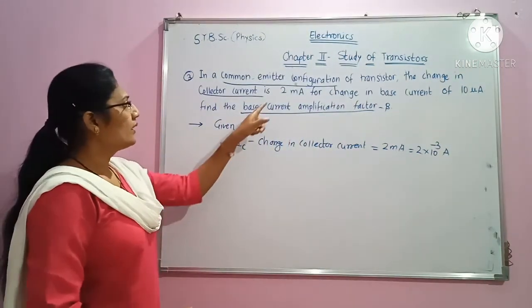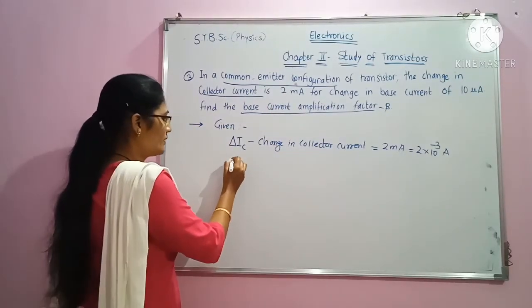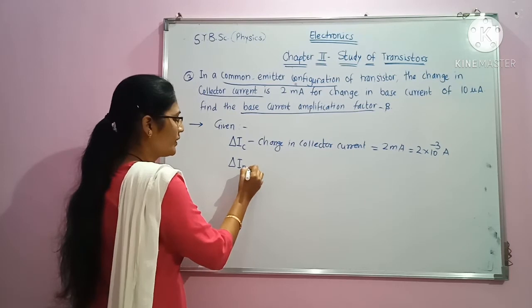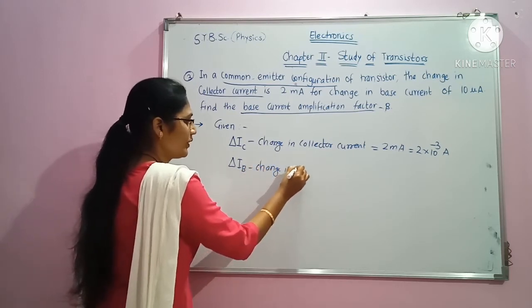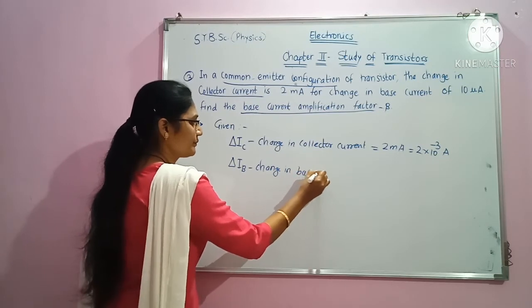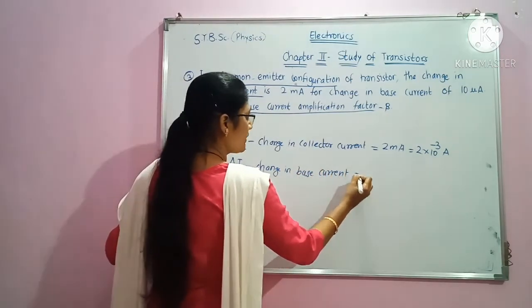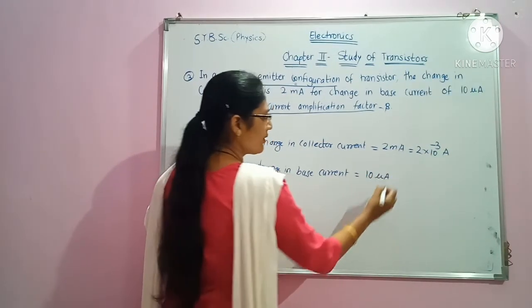Then they have also given us the change in base current, delta IB, which is given as 10 microampere.